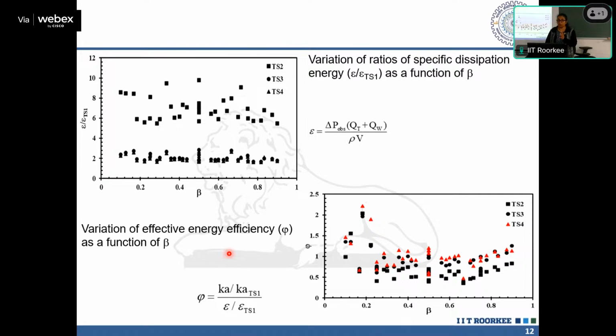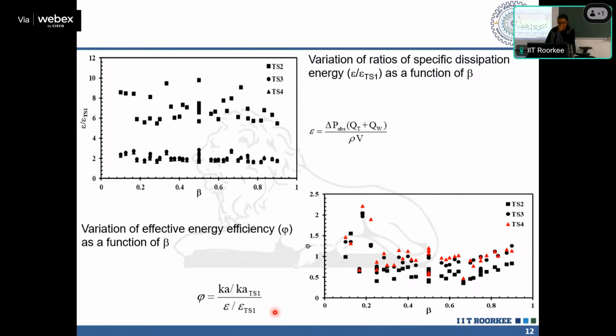But how much of this additional energy is actually increasing the mass transfer coefficient is estimated by this ratio. It is the mass transfer coefficient of the particular test section divided by the mass transfer coefficient we got in TS1, divided by this one.